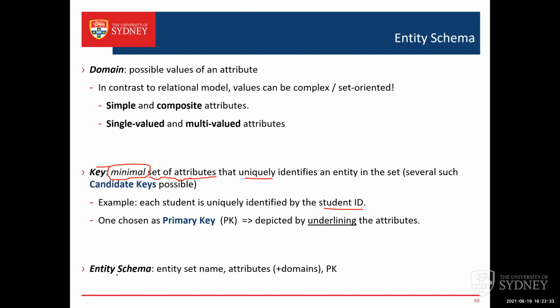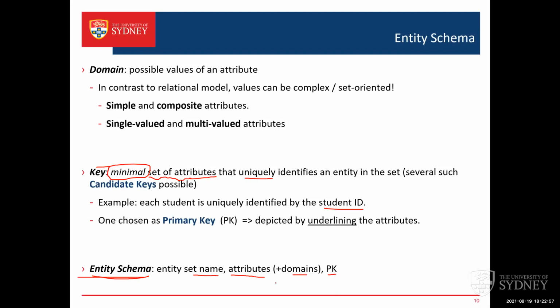So when we are going to now define any schema, an entity schema, how the entity will look like, these are the things that we need to mention. First is the entity set name, that means the name of the table. Then we will describe the attributes, the name of the attributes, and then the domain of those attributes, and then the PK means primary key.